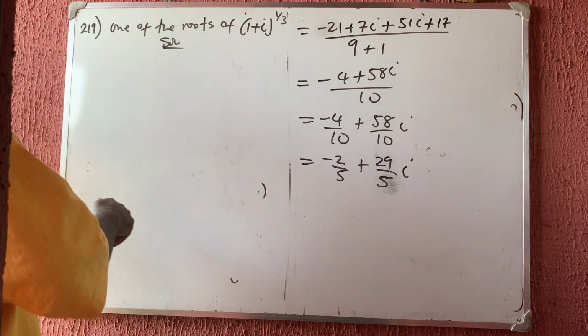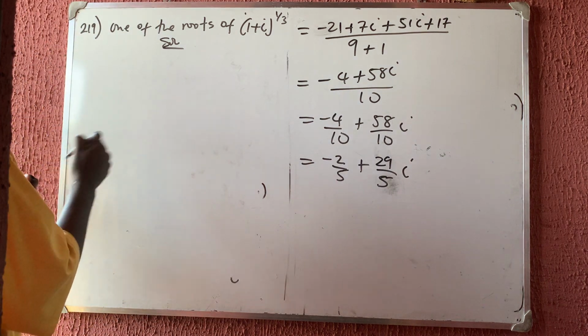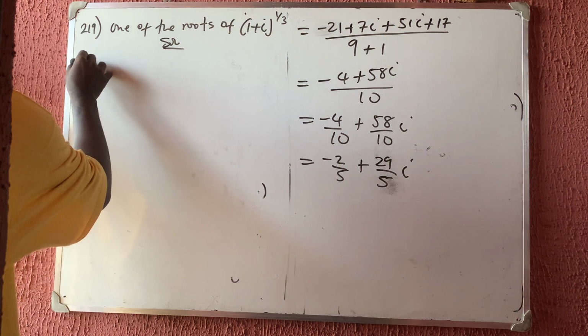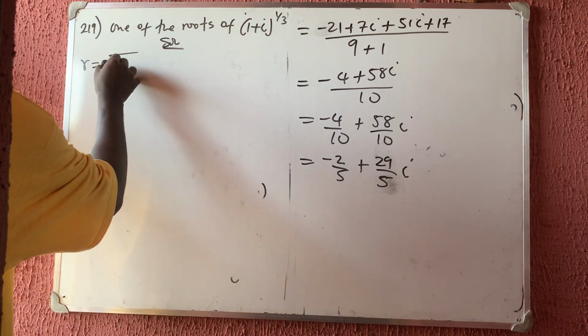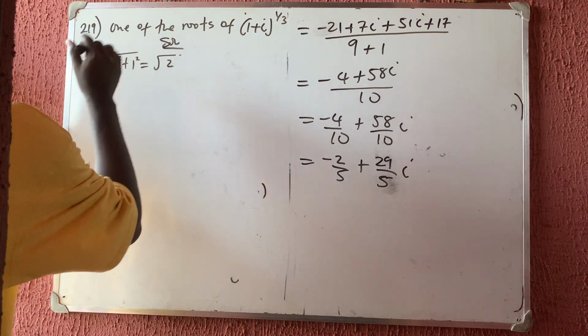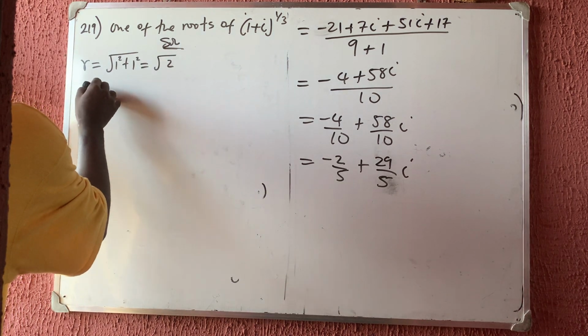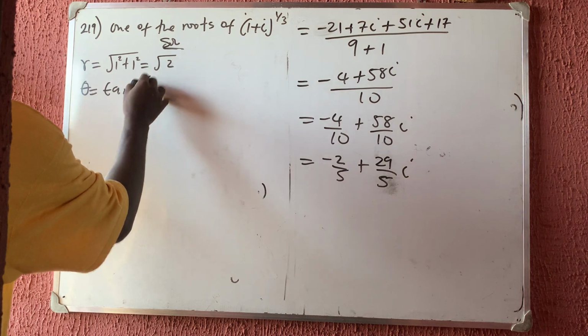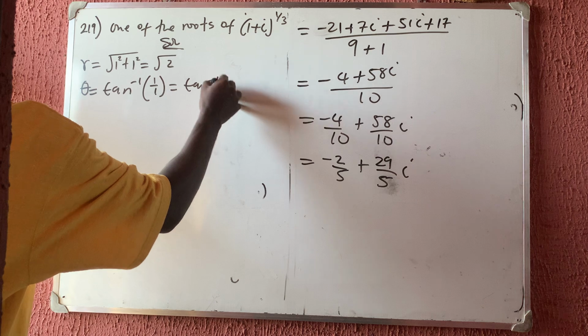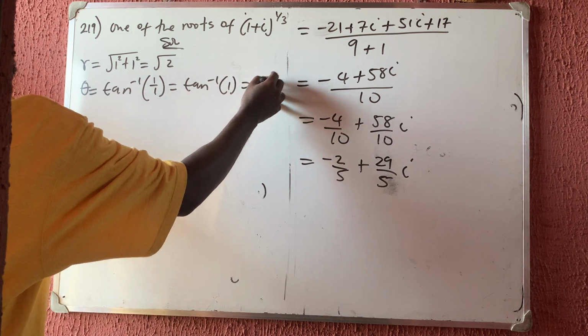Solution. They say we should obtain one of the roots of this. First of all, we need the modulus. The modulus is simply the square root of 1 squared plus 1 squared, which is the square root of 2. Then the argument theta is equal to the tan inverse of 1 over 1, which is the tan inverse of 1, which is 45 degrees.